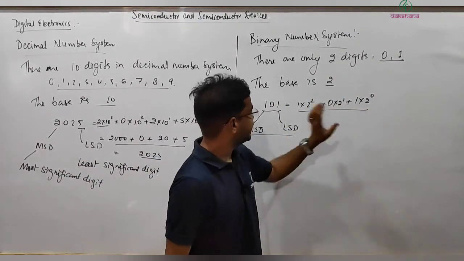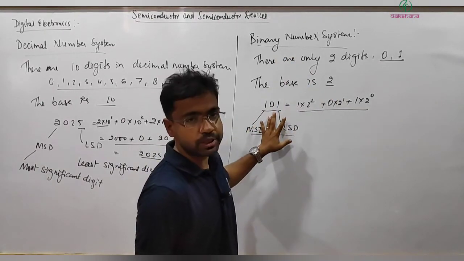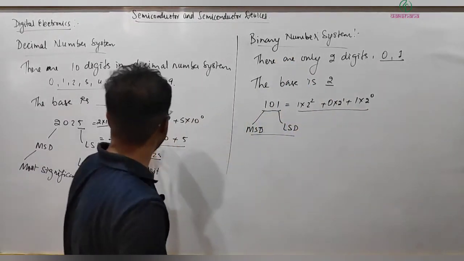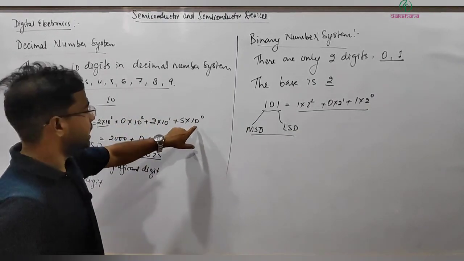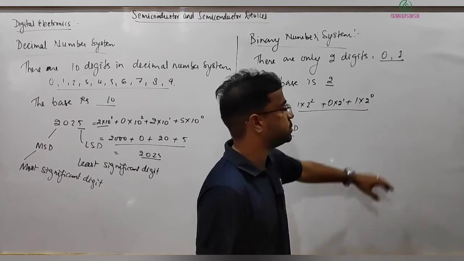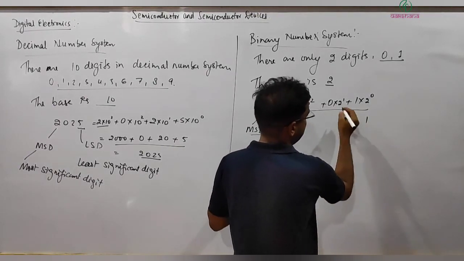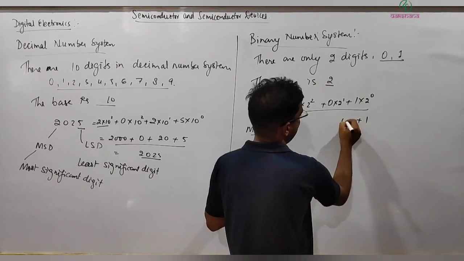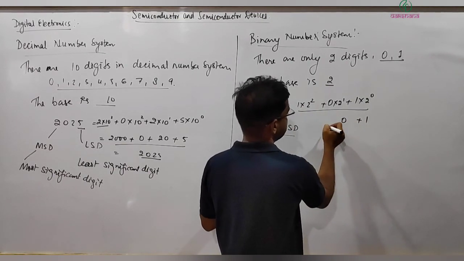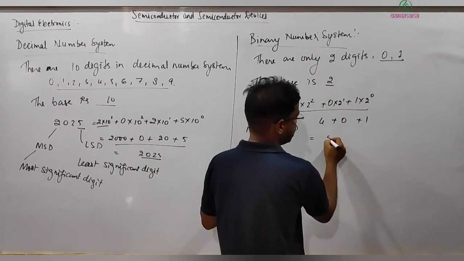So exactly like here, the base in the case of the binary number system will be 2. Here we were multiplying by powers of 10, now we will be multiplying by powers of 2, because the base is 2. So this is equivalent to 1, and this is 0, and this will be equal to 4, so it's equal to basically 5.